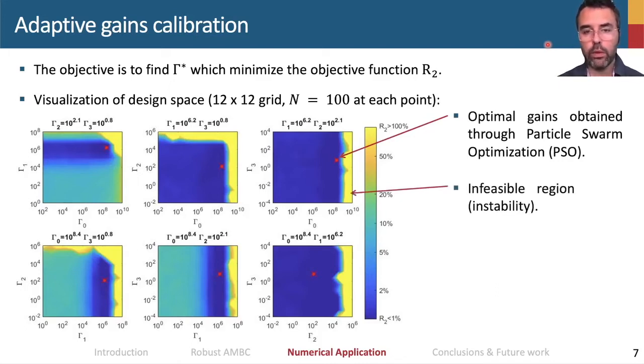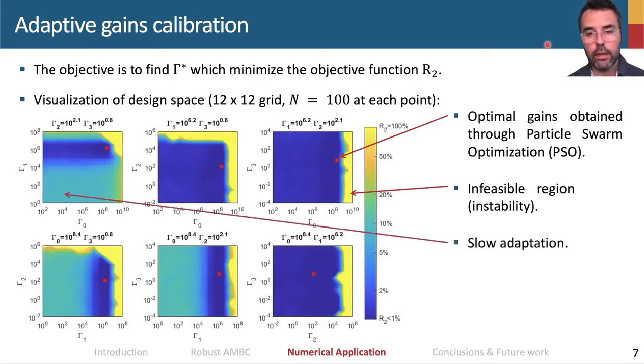The yellow region is the infeasible region, where we will always have instability of our virtual RTHS, and this basically considers values of gamma that are too high, that will create instability no matter what.